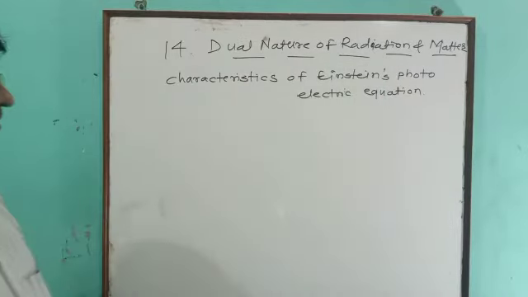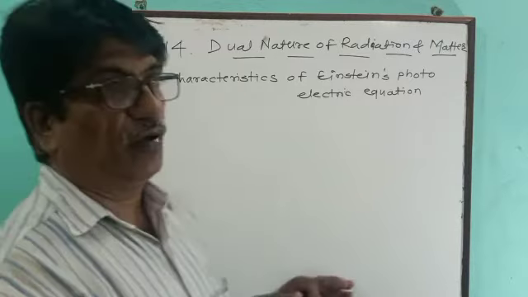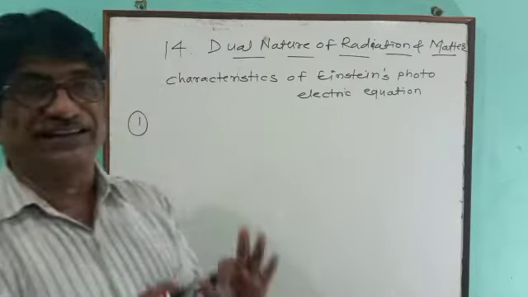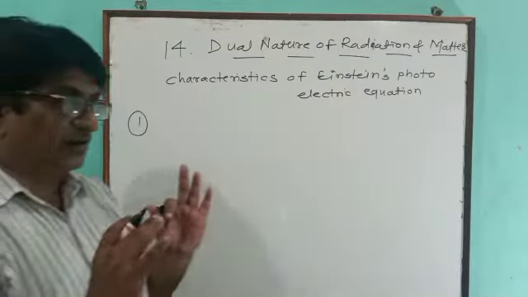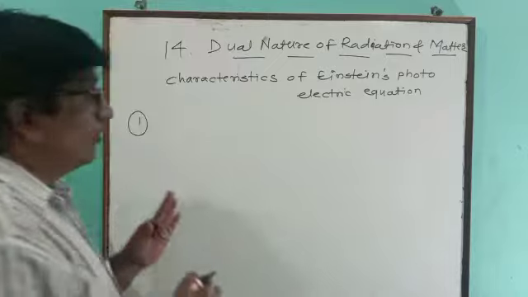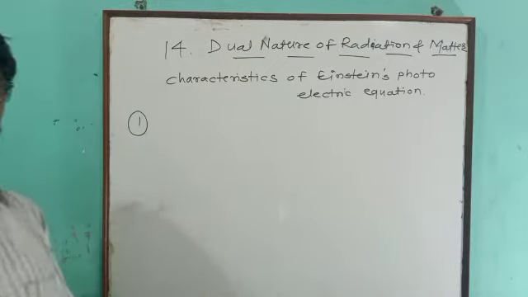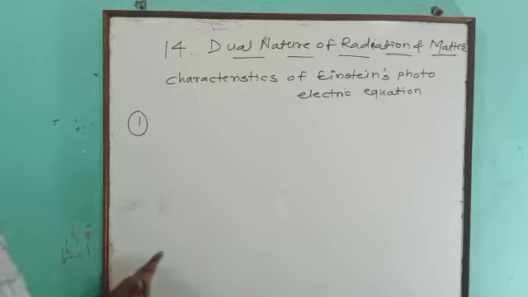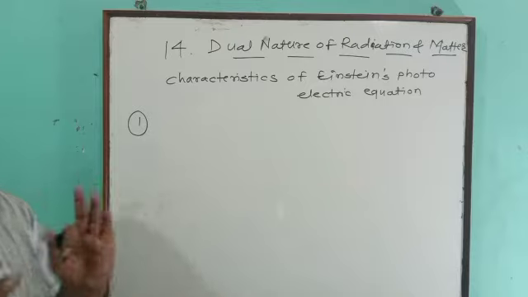If a question is asked for 2 marks, a minimum of 4 characteristics are required. But if the question is asked for 3 marks, then a minimum of 6 characteristics, observations or properties are required.